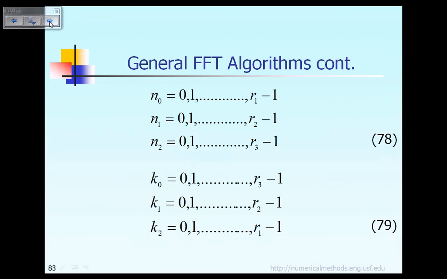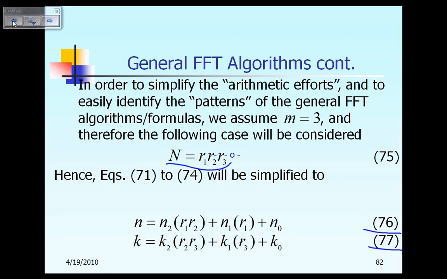Now, if you look at equation 76 and equation 77, we recognize that R1, R2, R3 are known. Okay, R1, R2, R3 are known. You need to know the range of values for N0, N1, N2, K0, K1, and K2.